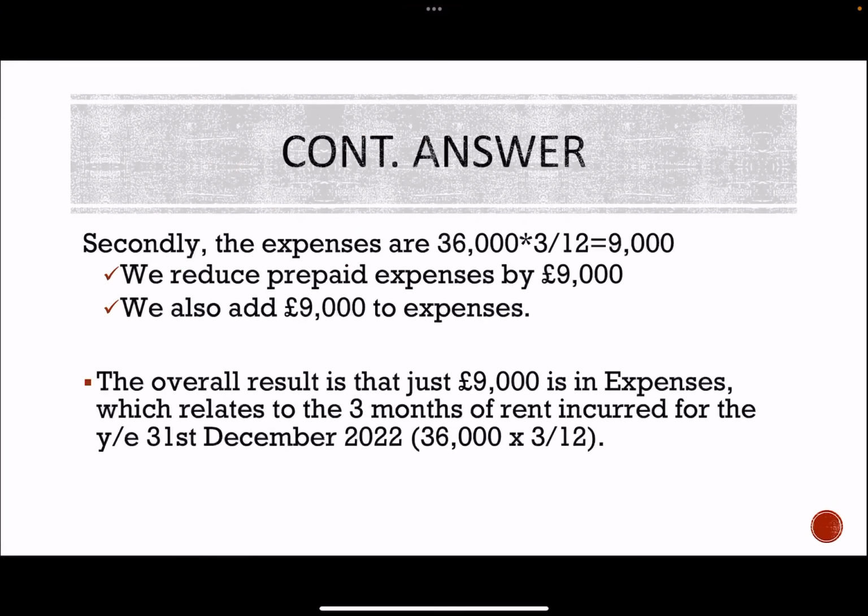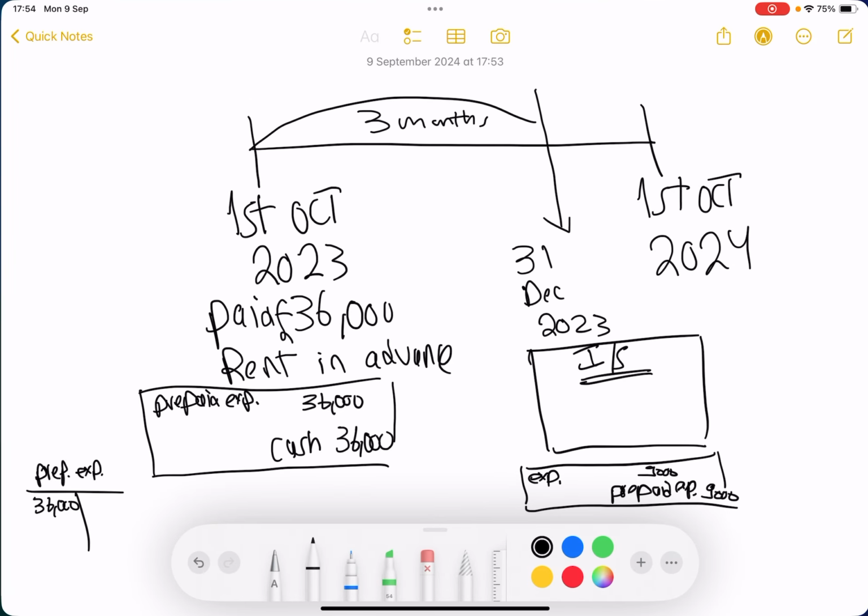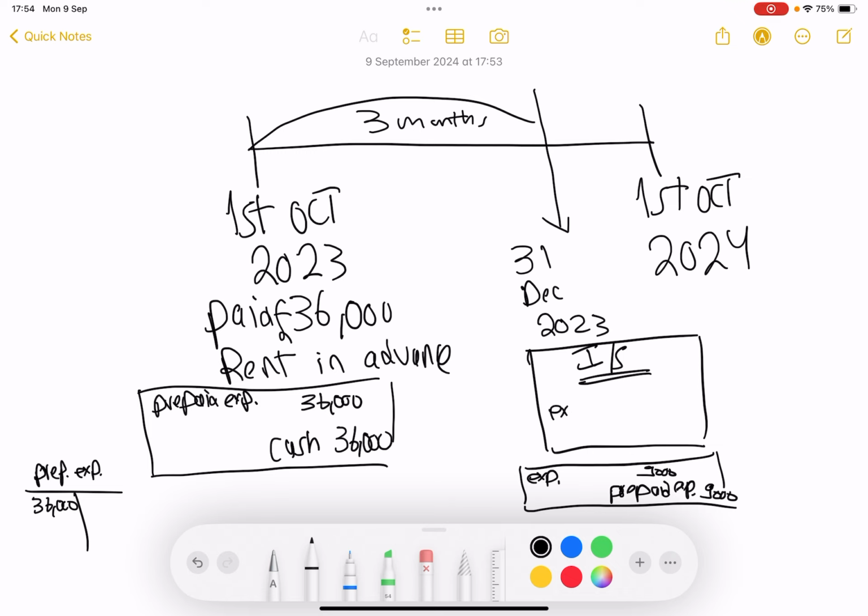But after 3 months, on 31 December 2023, we have used 3 months, we enjoyed the building, our employees used the building, so that's an expense incurred regardless of when the cash is paid. Cash was paid on the 1st of October, but here we recognize the expenses at the 31st of December as a 3-month period, which would be 9,000. So in your income statement, you should record expenses of 9,000 sterling pounds for December 2023.